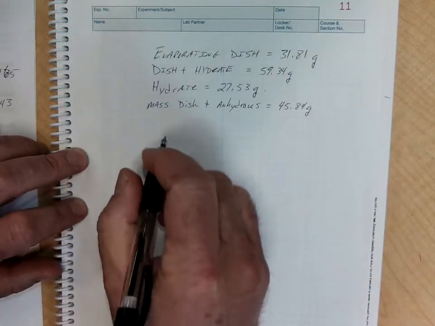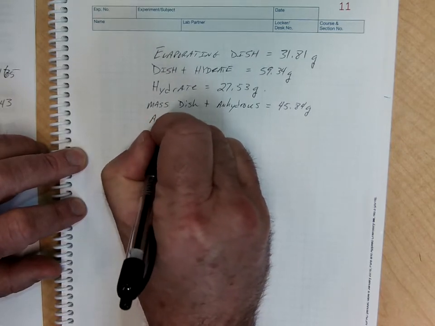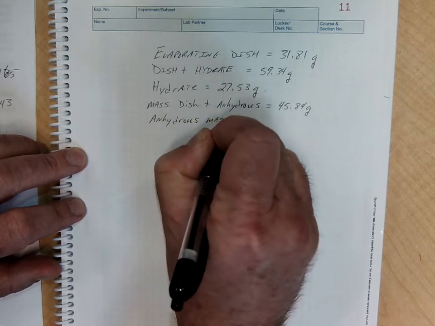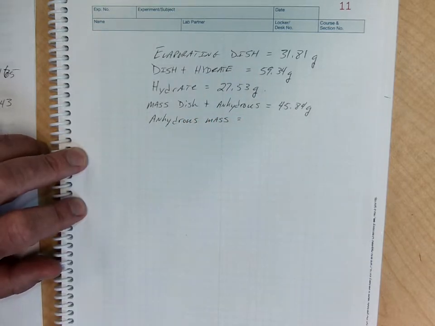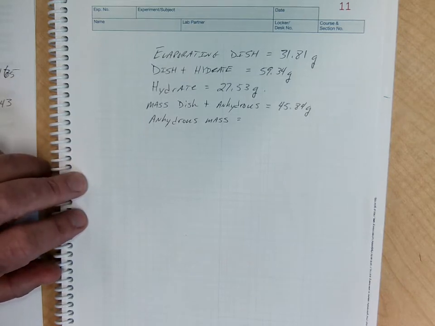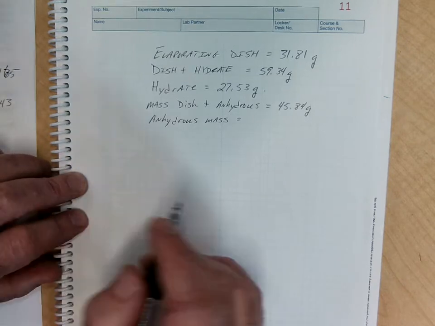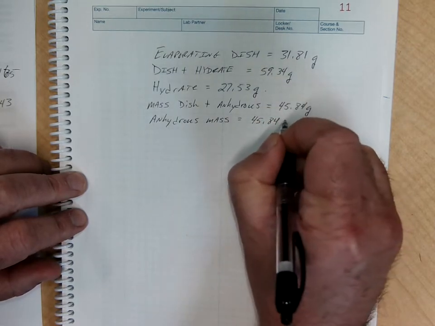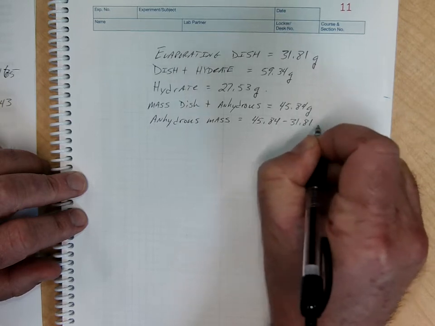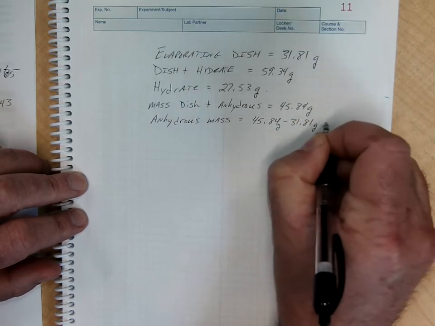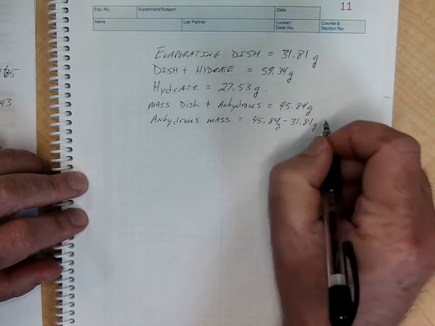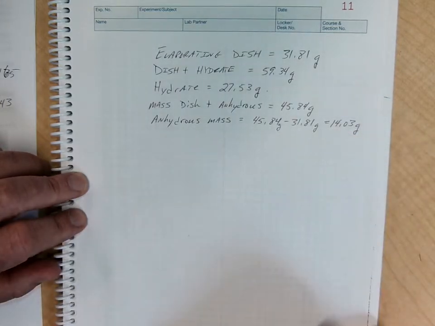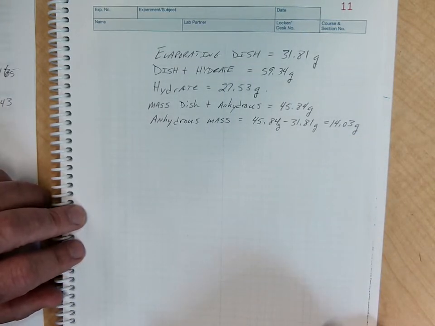And so then the anhydrous mass is going to be the difference between that and the evaporating dish. So 45.84 minus 31.81, that's grams and grams, and that gives us an anhydrous mass of 14.03 grams.